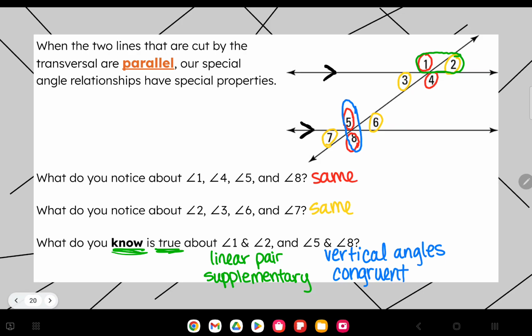So, all of the angles, when we have two parallel lines cut by a transversal, they're all either congruent or supplementary to each other.